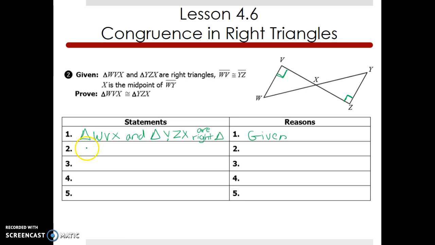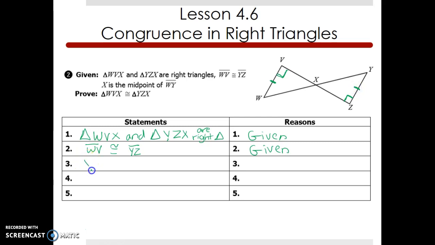Then I know that WV is congruent to YZ. That's given. So WV, that side, is congruent to YZ.